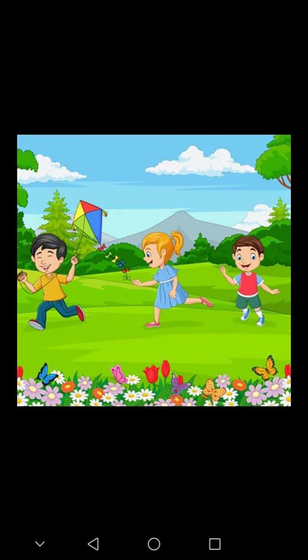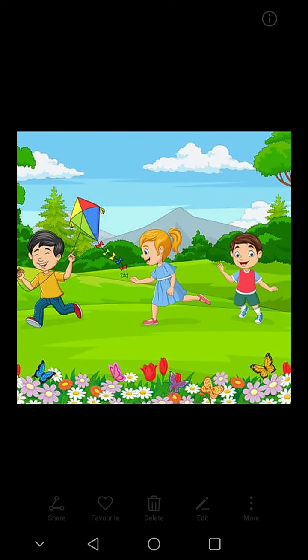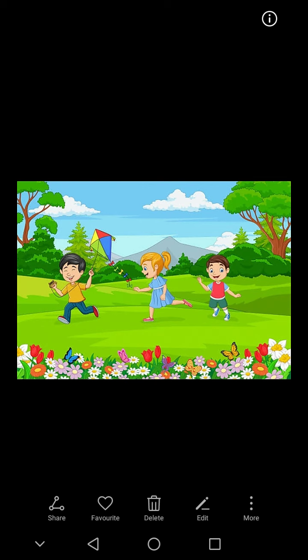You see, this is a park. Setting is a place. It can be in a park. It can be in a castle. I think you know different stories that happened in castles.